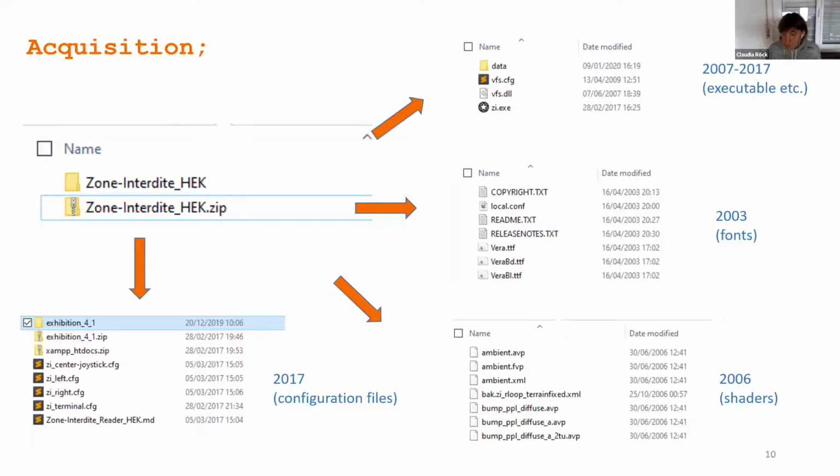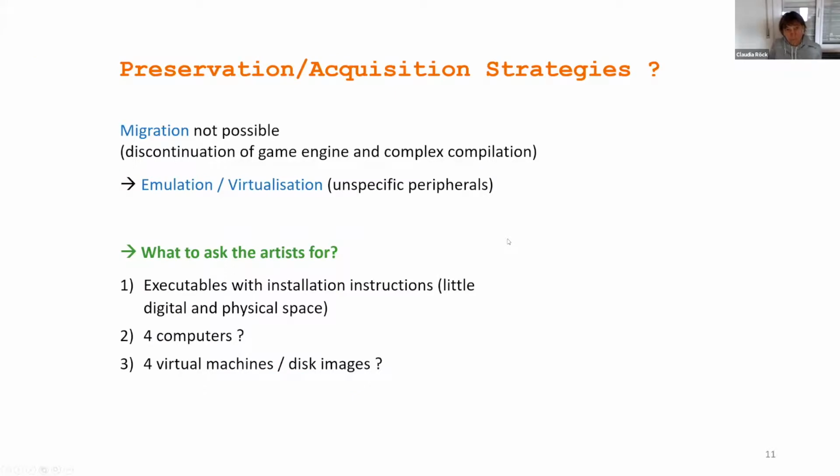So the question for me was then, okay, what should the House of Electronic Arts now ask for? Which additional components, hardware components do we need? And for this, I had to ask myself about future preservation strategies, if you're acquiring an artwork that is already obsolete at point of acquisition.